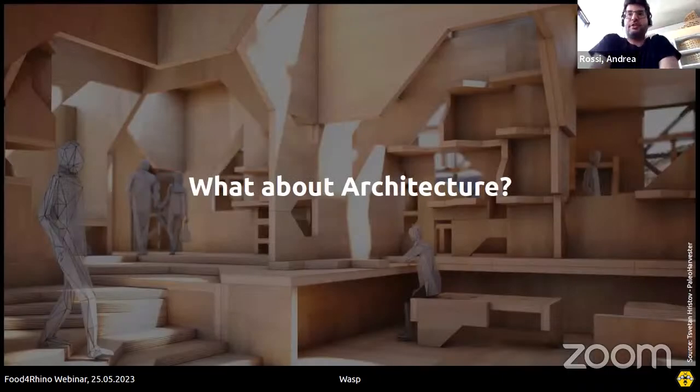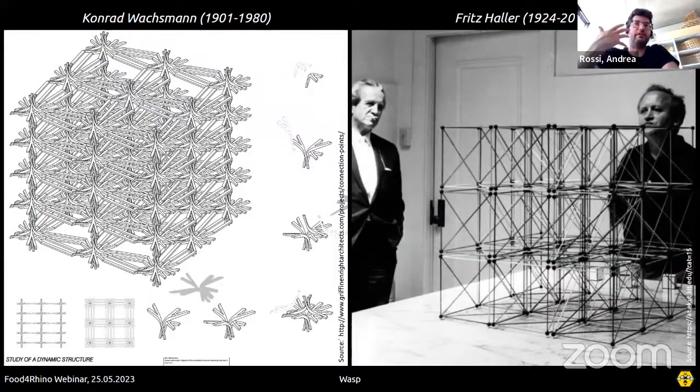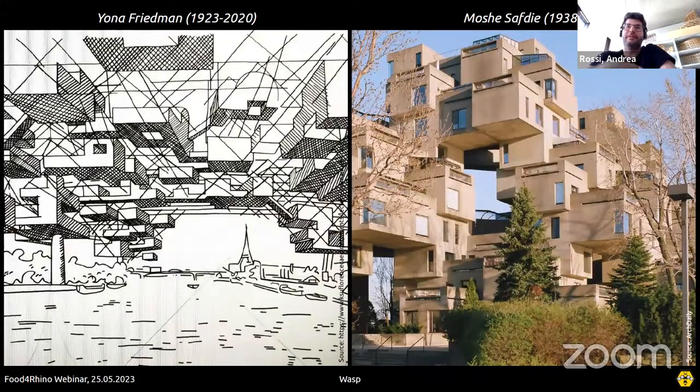Now, if this is a concept that is very interesting and comes from the field of material engineering, what about architecture? In architecture, discussing generic parts is not a fundamental element of architectural discourse, but there have been some key figures in this discussion, coming both from the field of engineering, such as Konrad Wachsmann and Fritz Haller, as well as from the field of architecture, such as Yona Friedman or Moshe Safdie, that imagined these assemblies of structures that are made of modules that are generic and that can be recombined and create a variety of different systems.